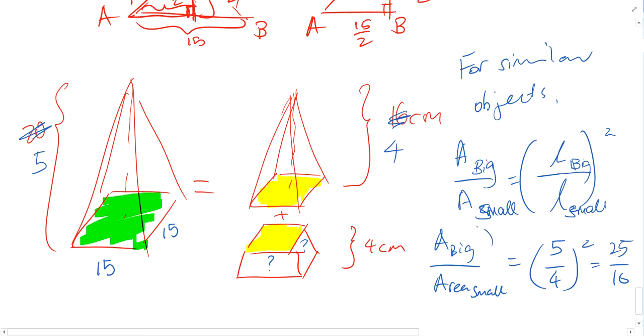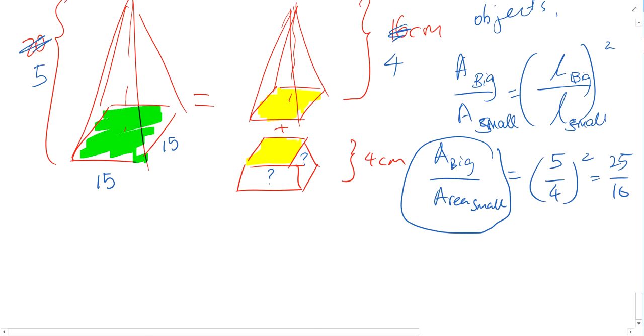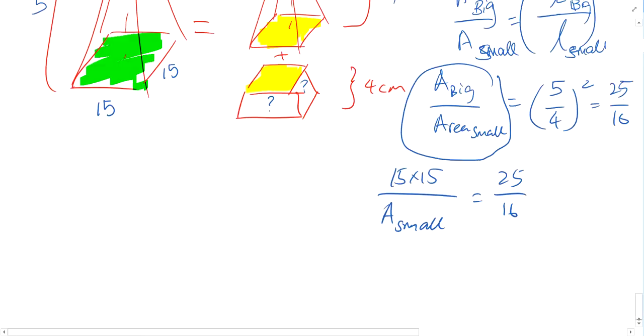Now out of these two things over here, which is the one I want to find? Which area, big or small? I want to find the small one. So obviously I must have the big one. What is the bigger area? 15 times 15. So 15 times 15 over area small equals 25 over 16. You must be able to do it by yourself now. Area small equals whatever, and that's the answer.